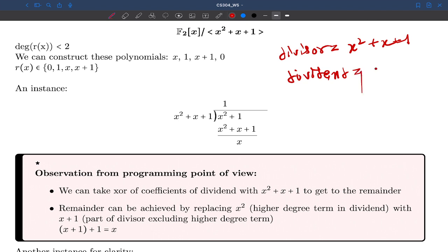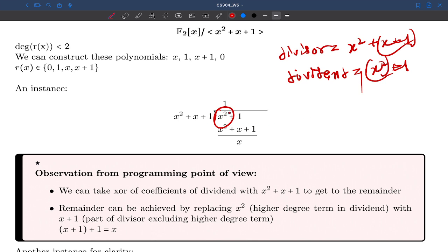Dividend is x square plus 1. One observation is that if I replace this x square with x plus 1, which is the remaining part of my divisor, then also I can achieve the remainder. Let's replace it and see what happens.